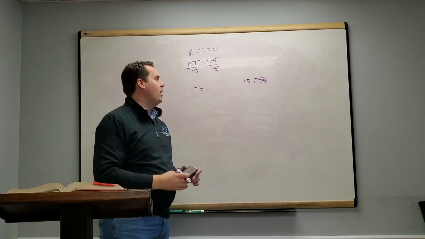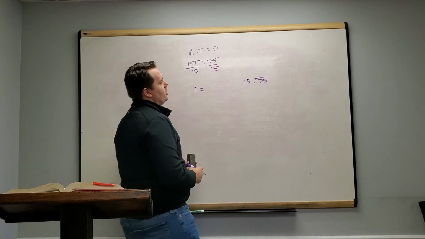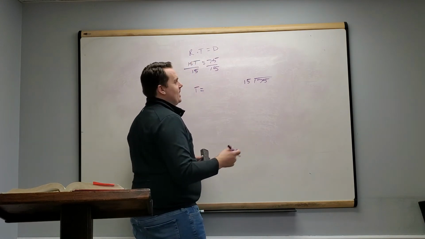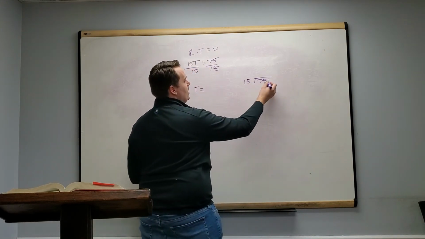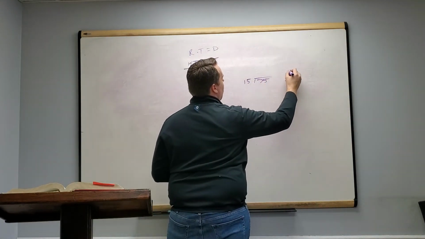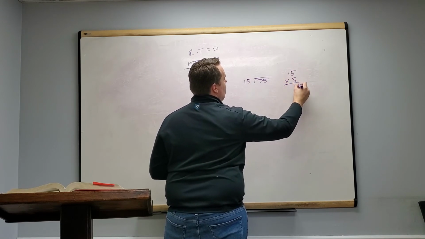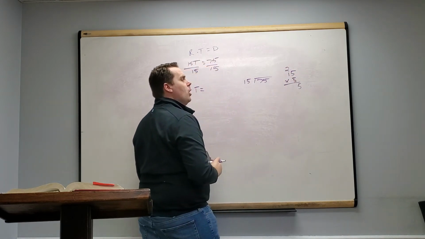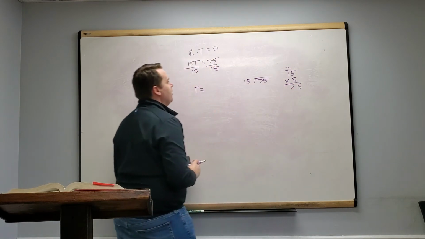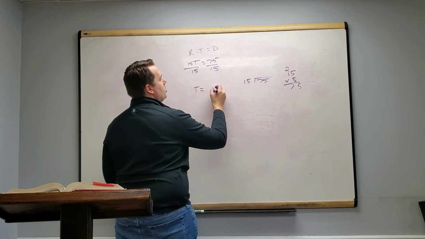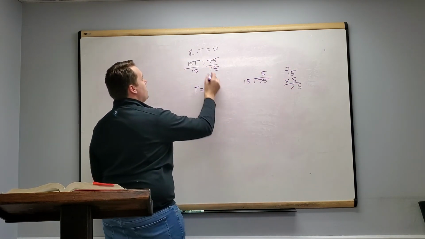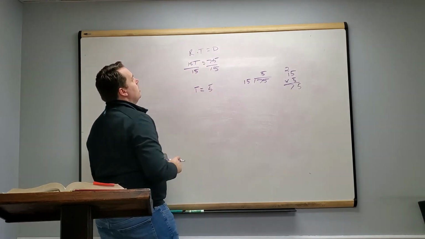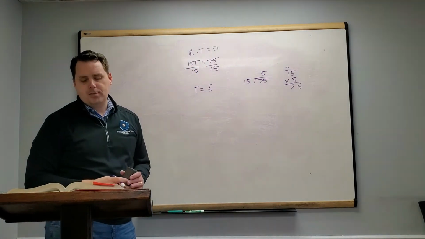But if you're not comfortable doing that, then let's just do our division problems, which is basically the exact same thing. 15 goes into 75, you gotta figure it out anyway. So 15 times 5 is 25 to 2. 5 times 1 plus 2 is 75. So my answer is going to be 5. It takes him 5 hours at 15 kilometers per hour to cover 75 kilometers.